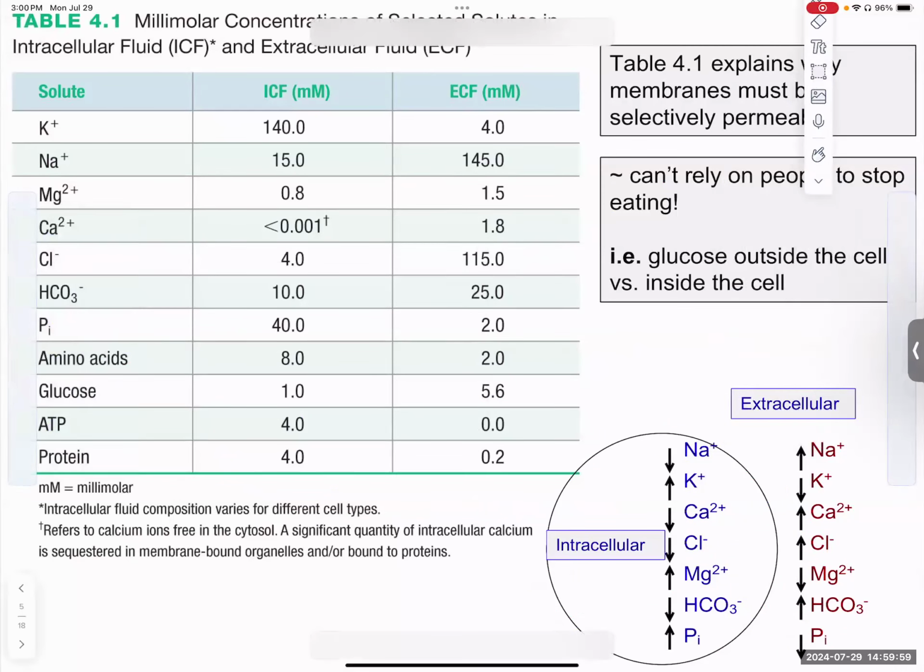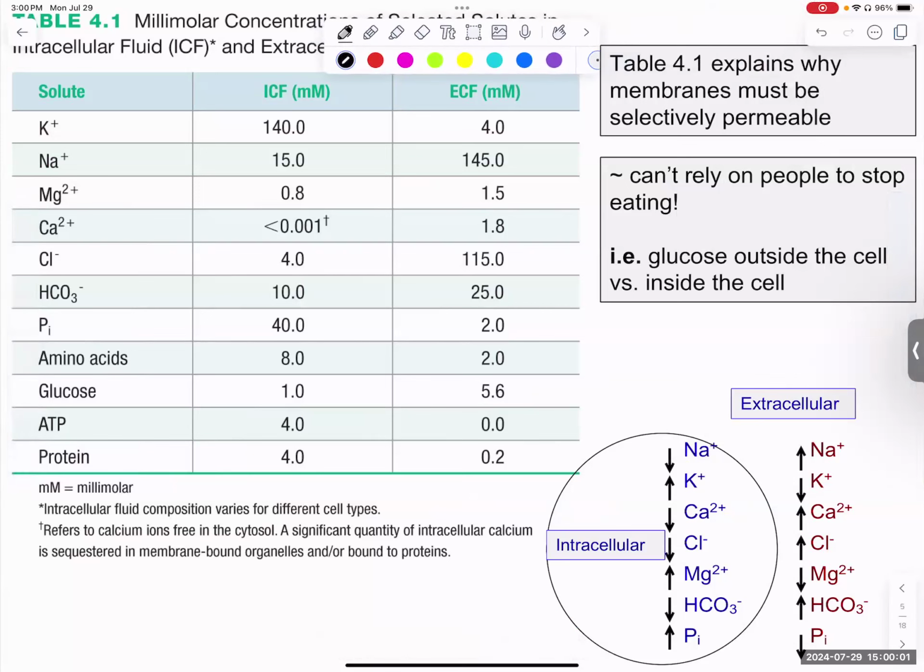And so if we look at table 4.1, you see the intracellular fluid has a very high concentration of potassium, and a low extracellular concentration of potassium.